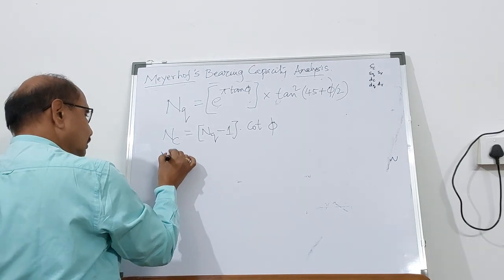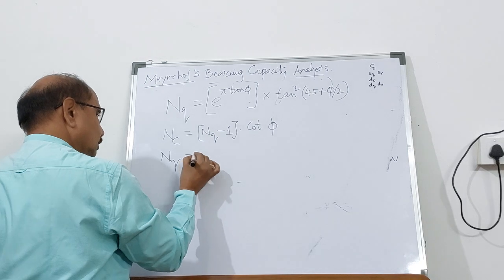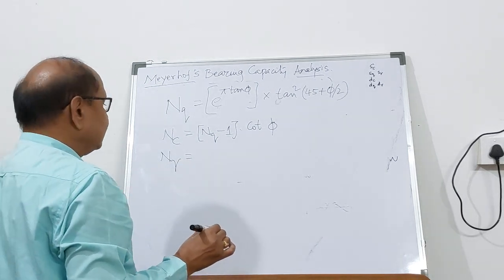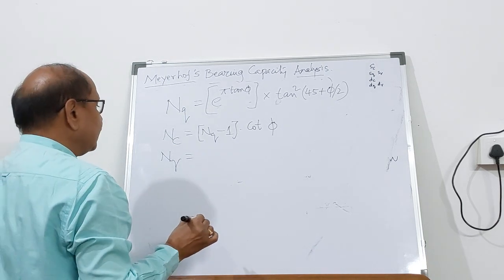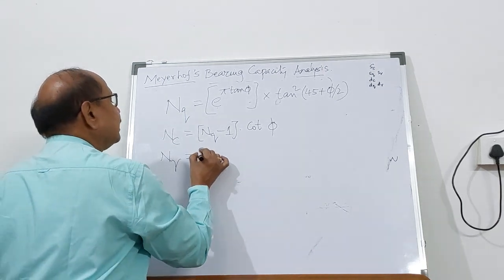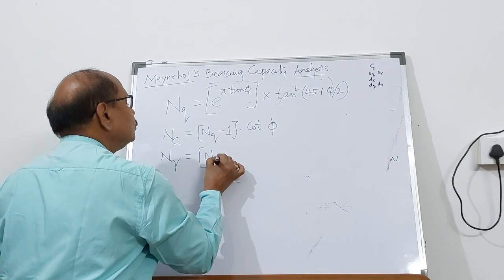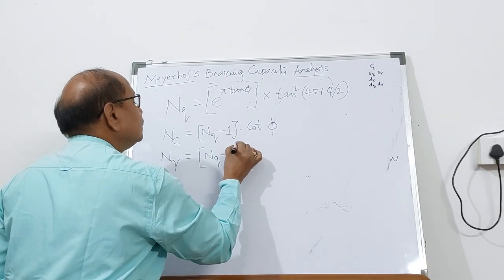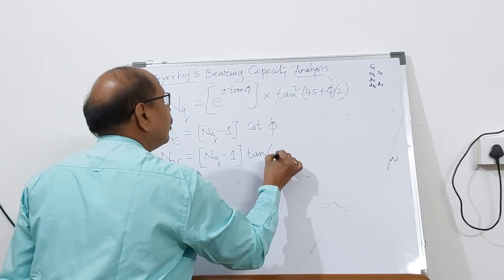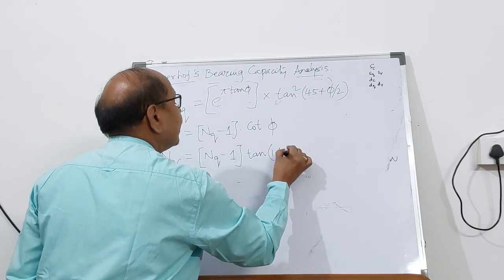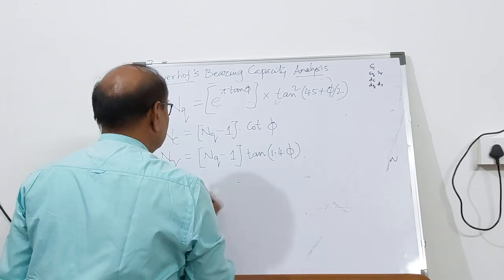And N gamma is another bearing capacity factor, from the term 0.5 gamma B N gamma. N gamma is given as N q minus 1 into tan of 1.4 times phi.